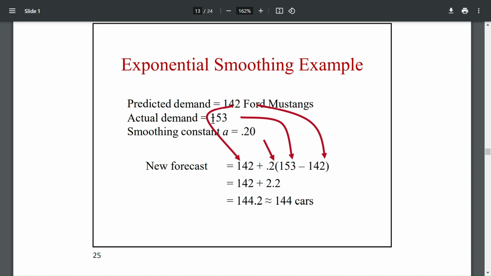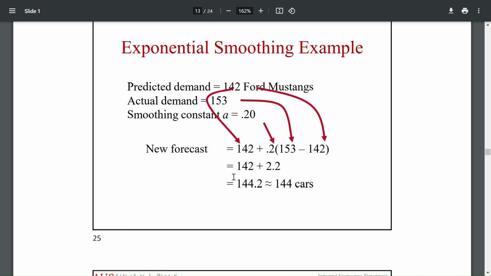The smoothing constant is 0.2. Now the new forecast is equal to, as we said, the predicted demand, the forecast for the last month, 142, plus 0.2, the smoothing constant, multiplied by the actual demand for the last month, 153, minus 142, which is also the forecast for the last month. This gives us roughly 142 plus the small value 2.2.